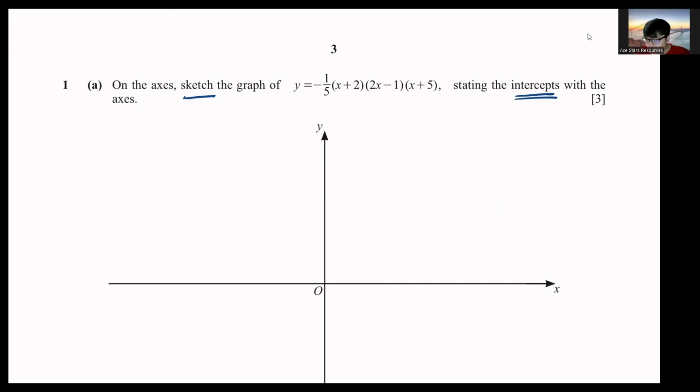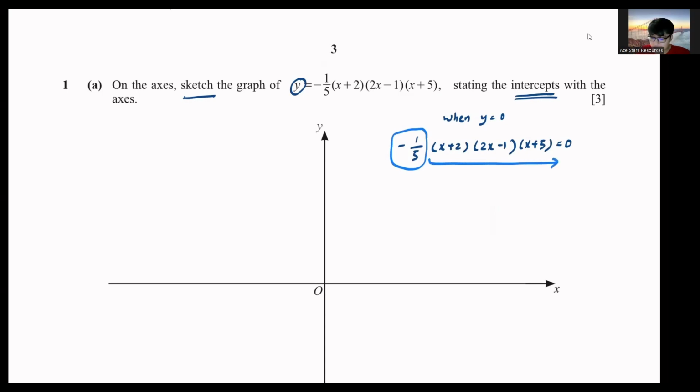So in order to find where it cuts the x-axis, you should find when y is equal to 0. When y is equal to 0, you just replace y with 0. So you'll end up with (x plus 2)(2x minus 1)(x plus 5) equals 0. Technically, you can just ignore the negative 1 over 5 because you can move it over to the other side and it will still be 0.